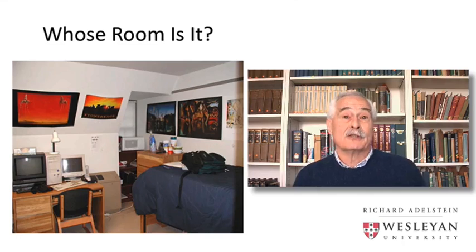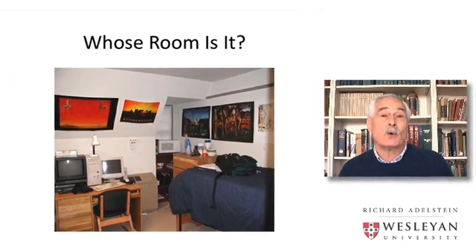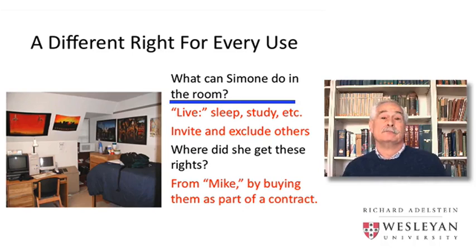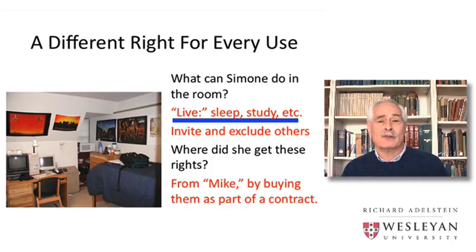The real question to ask, in terms of whose room it is, is what different people could actually use the room for. So the first question is, what can Simone do in the room? Well, obviously she can live there, and we associate with living there a whole range of activities which is, in principle, open-ended.